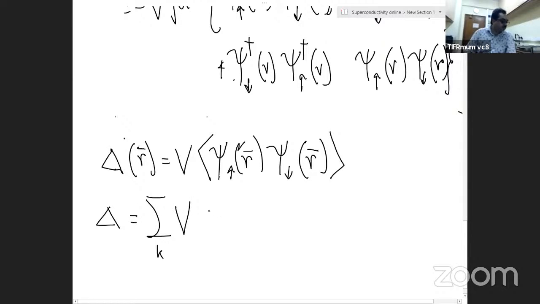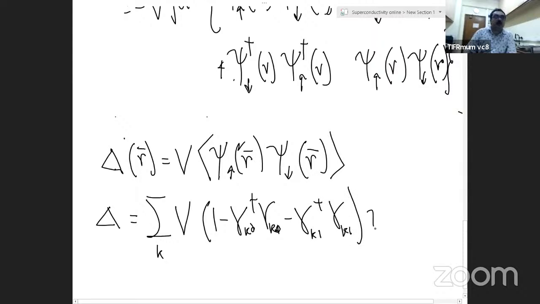V into 1 minus gamma k0 dagger gamma k1, and then minus gamma k0 dagger gamma k0 gamma k1 dagger gamma k1, multiplied by uk into vk.